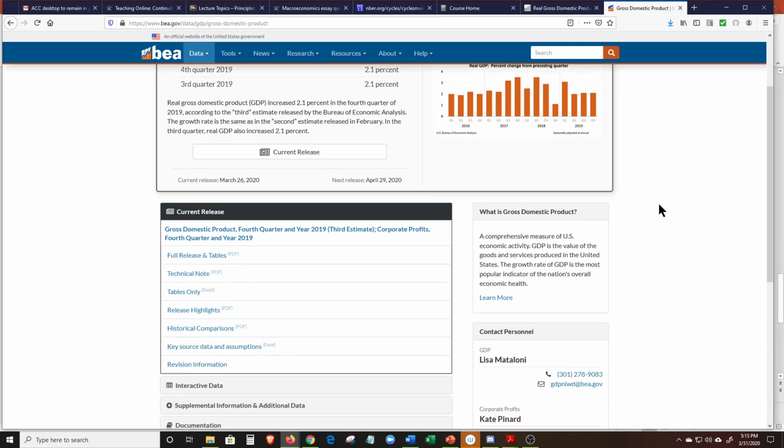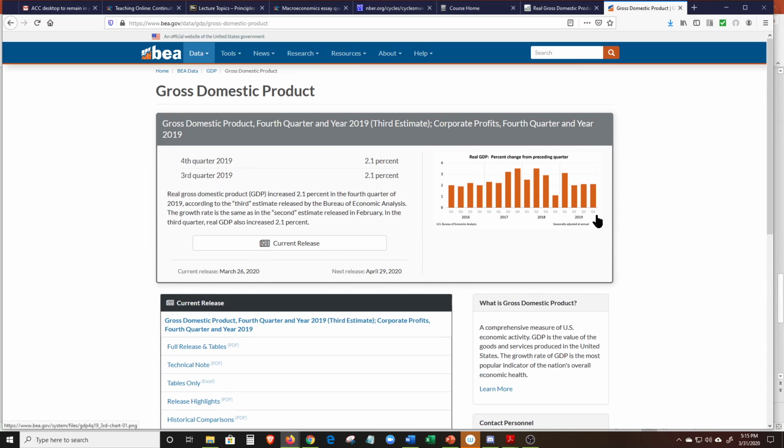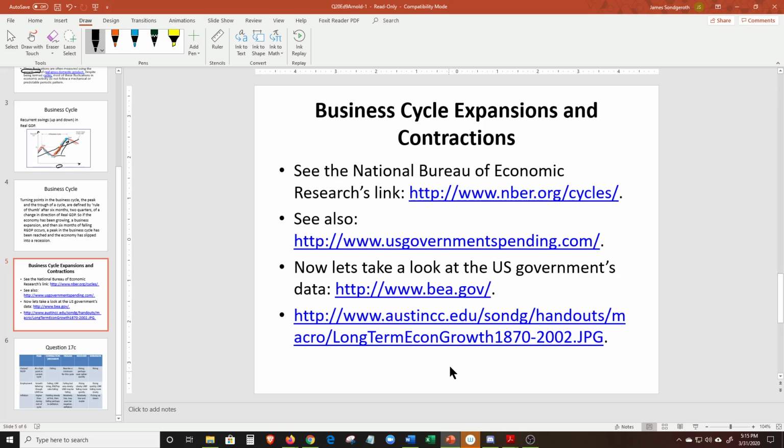So they really think that this is going to fall below zero for the first quarter here. All right. These are all positive growth rates. GDP is growing. All right.